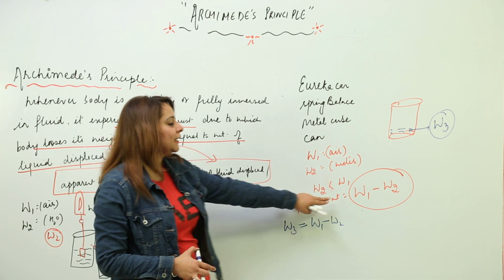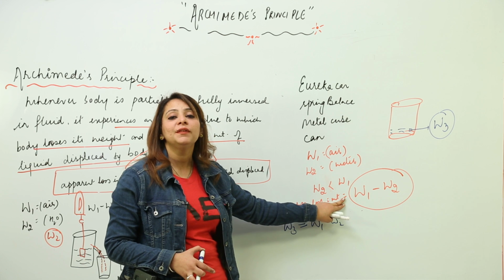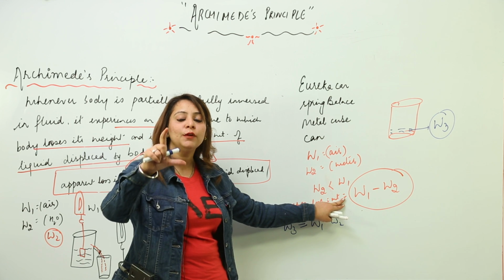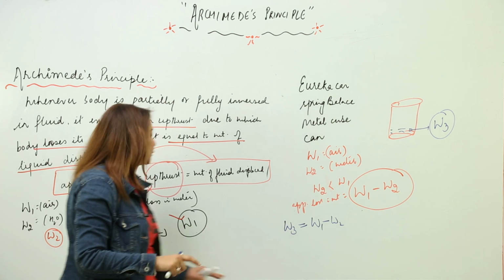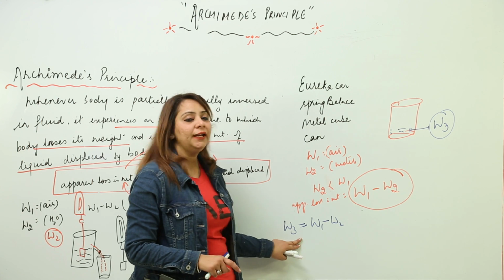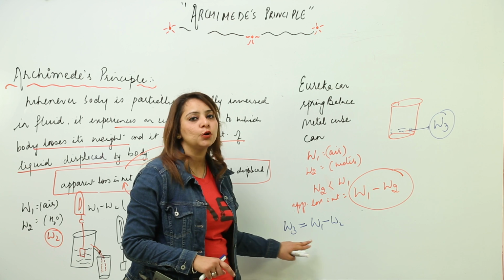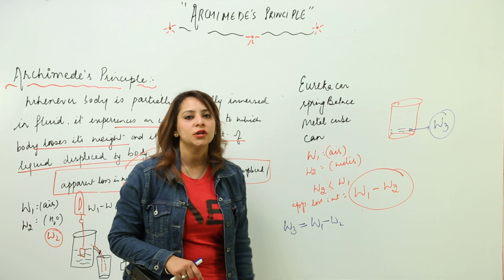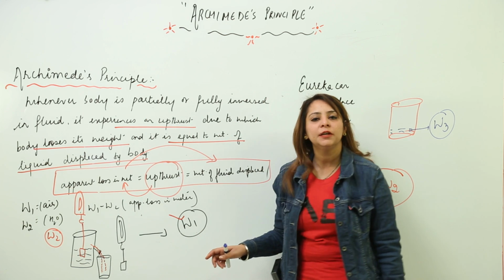So the apparent loss is W1 minus W2, and when we measure the water which moved out into the can, that is W3. We have always seen that W3, the weight of fluid displaced, is equal to the apparent loss in weight. So this is the Archimedes principle.